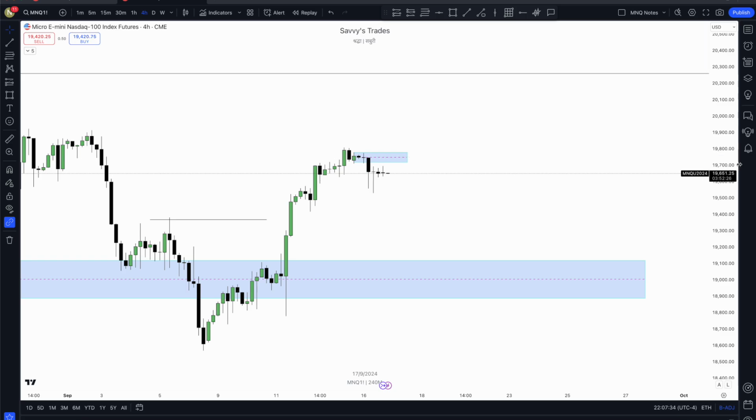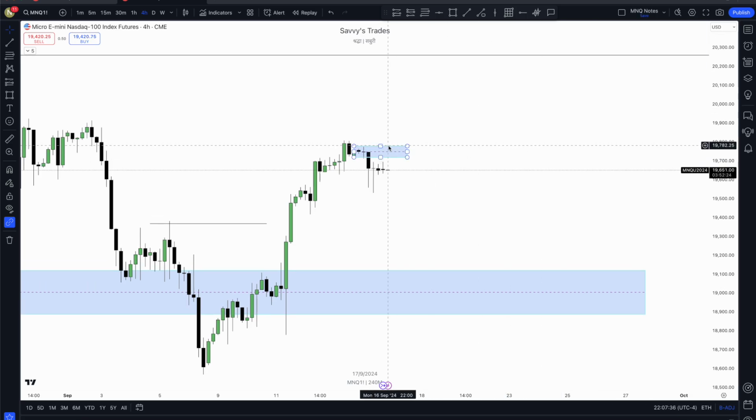So again, going into tomorrow, I know that tomorrow has already started at 6 p.m., but you could see that we already have a CB in place now. So I would like to see how the overnight session behaves, and if this 4-hour CB gets disrespected, or we form a low, Tuesday low of the week, and then start to expand higher.